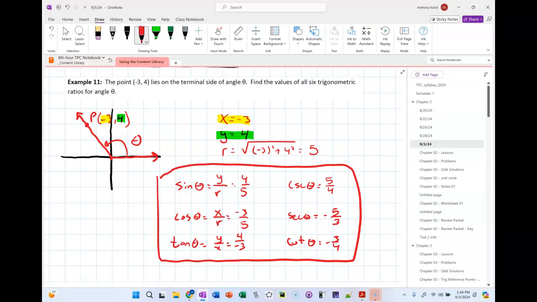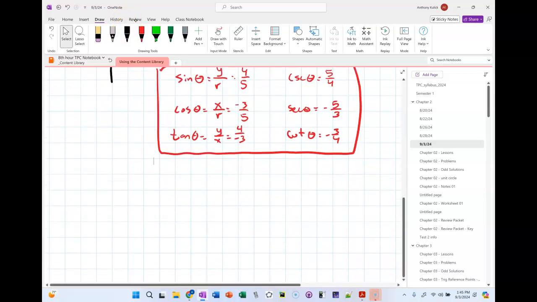We've never seen sine or cosine be a negative number before. That can happen now. And in fact, it's predictable when it's going to happen based on where the terminal side of our angle is. Let's do a little work to suss that out.